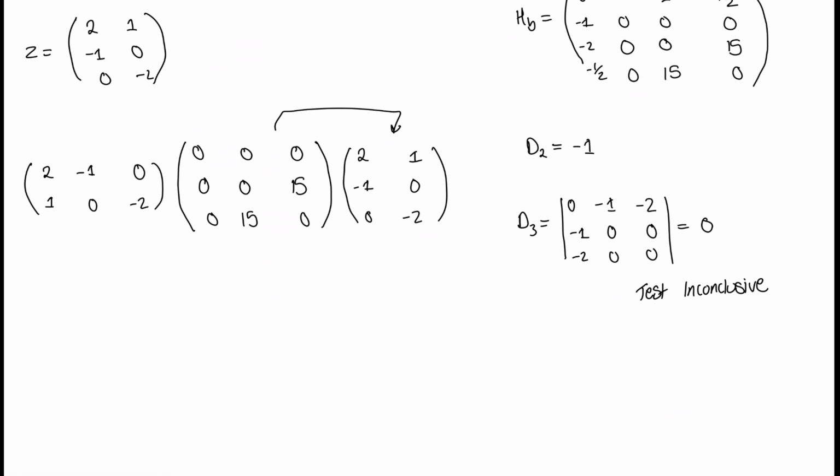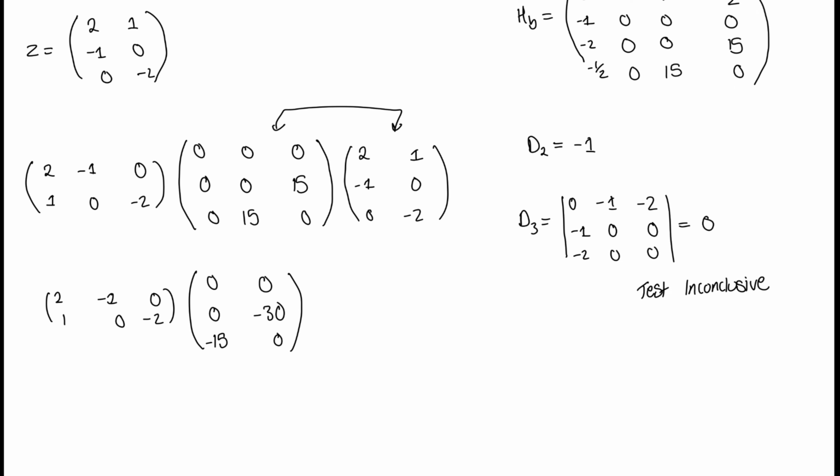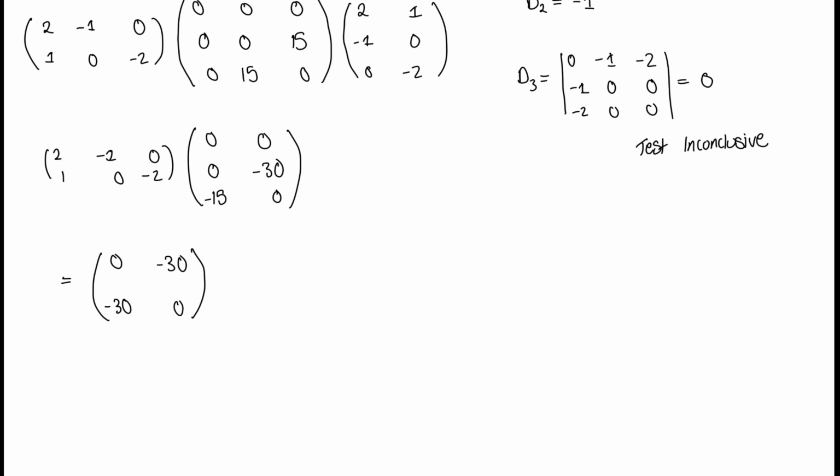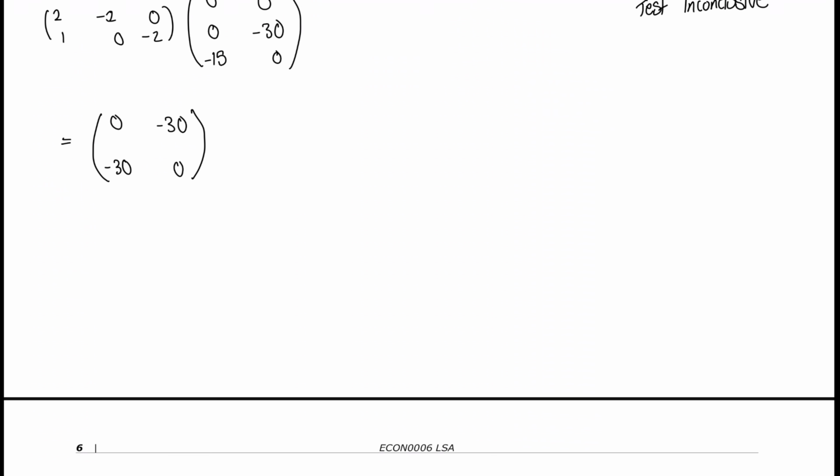If we multiply these two matrices, we get this, and then multiplying these two matrices together, we get this.